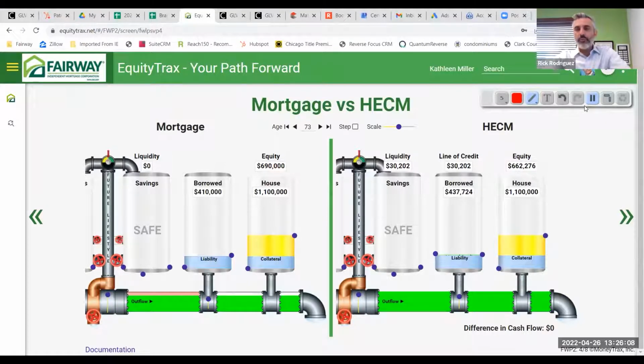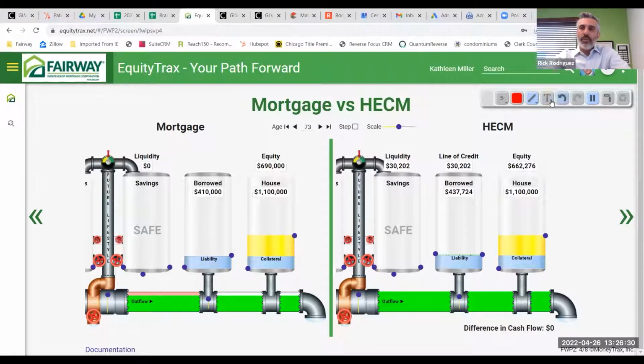Because if you don't know, a reverse mortgage is an optional mortgage payment. You can make payments like a traditional mortgage and actually treat your reverse mortgage like a traditional mortgage, but the benefit of it is that you also have the ability to not make mortgage payments. And if you don't, that's perfectly fine with the reverse mortgage.